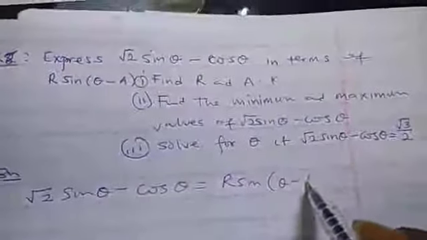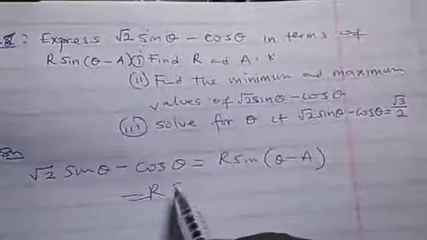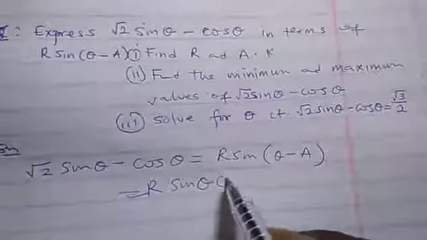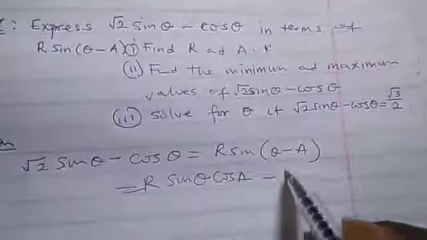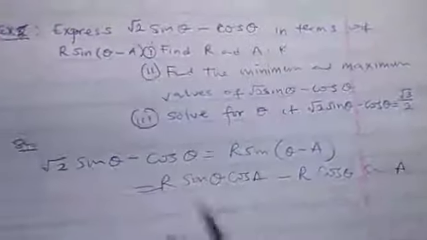Now I'll start by equating the expression equal to r sine theta minus a. Then I will apply the compound angle formula, the one that has sine a minus b. This will be sine theta cos a minus cos theta sin a.